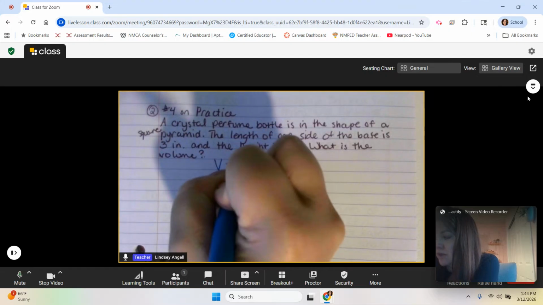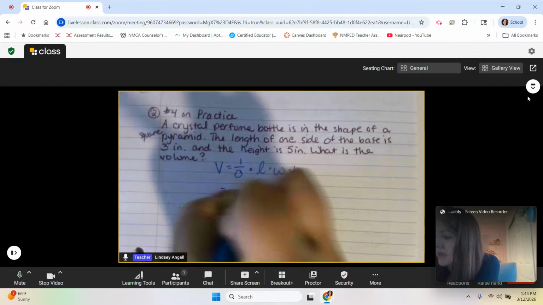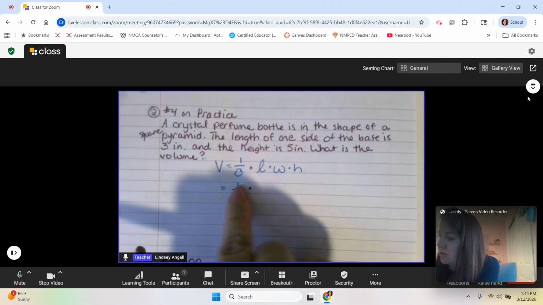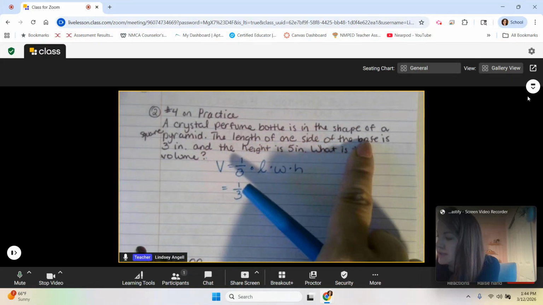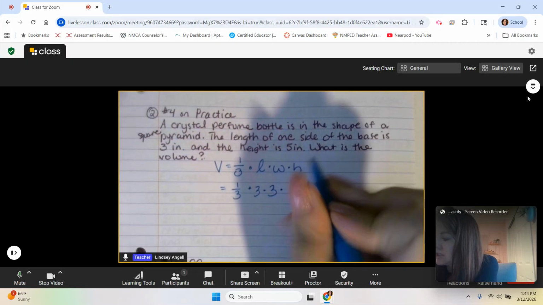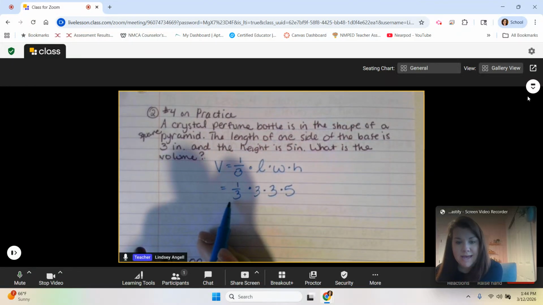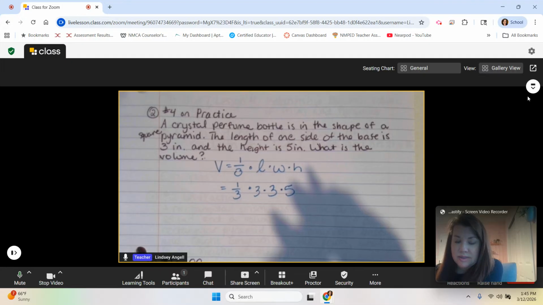So volume is equal to 1/3 times the length times the width times the height. The length of one side of the base is 3 inches, so that would be 3 inches times 3 inches, and the height is 5. Just like on the last one, there's multiple ways you can think about this.